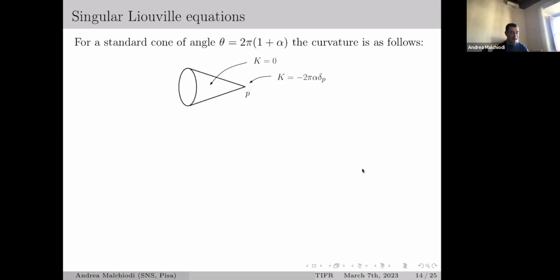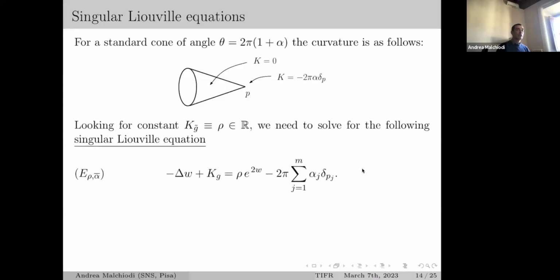If the conical angle is 2 pi (1 plus alpha), then the Gaussian curvature becomes a Dirac mass at the conical tip with weight minus 2 pi alpha. So if alpha is negative, you get positive curvature here. You can think, for example, of smoothing the tip to some smooth surface, and then the curvature would be positive. But if alpha is greater than 0, then the curvature becomes negative. It's all concentrated at the tip, and you don't see anything on the smooth part.